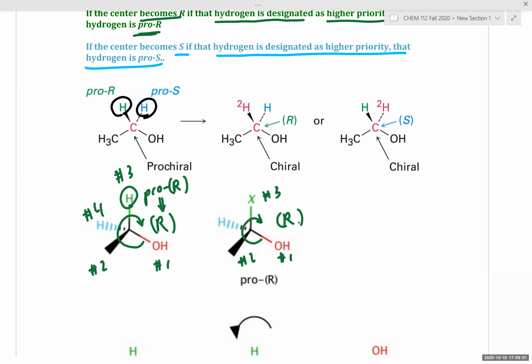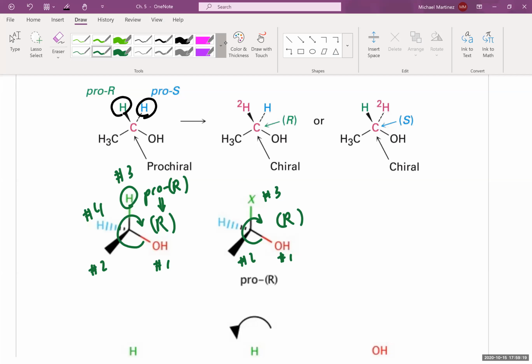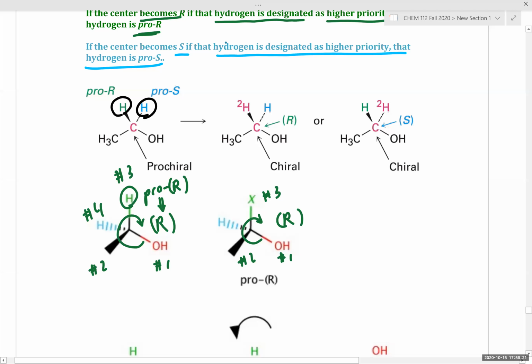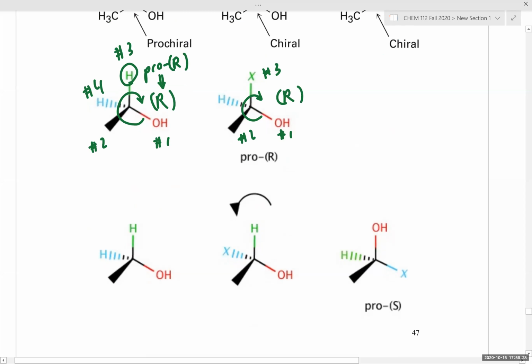So the way that I like to think about it is I like to replace my hydrogen with a group X, and then I assign my stereochemistry for that center. If the stereochemistry is R, then that corresponding hydrogen would be pro-R. Now, if you know which hydrogen is pro-R, the other hydrogen by definition must be pro-S. But we can be a little more explicit with this. So let's look at our pro-S hydrogen.